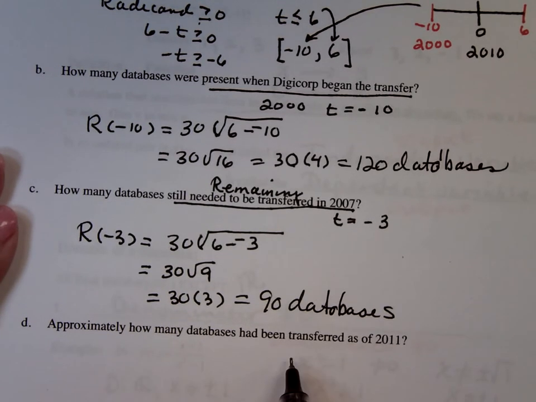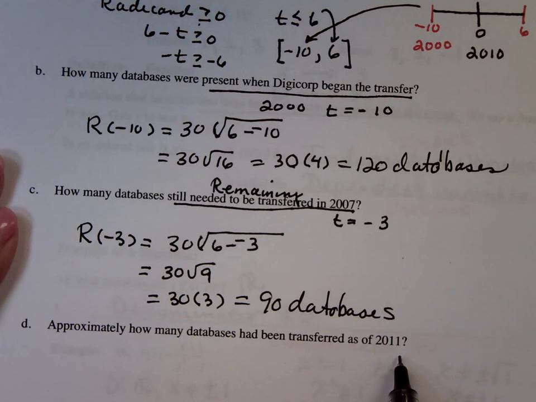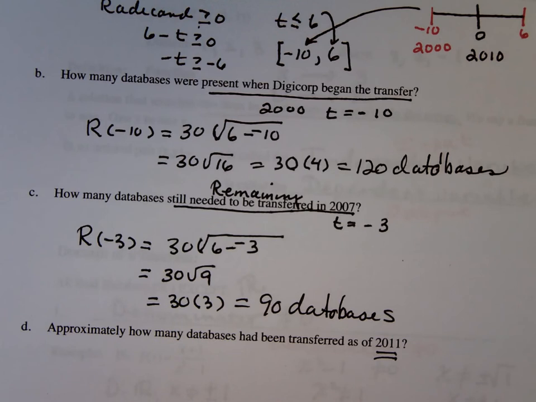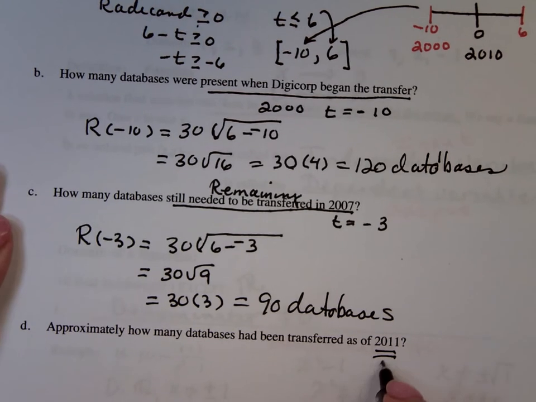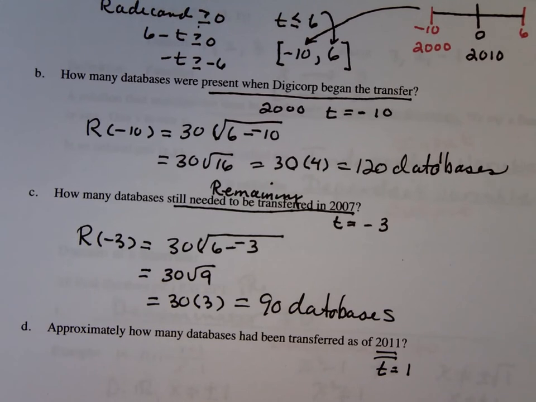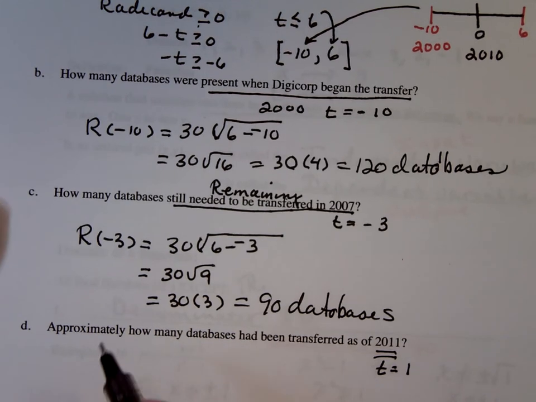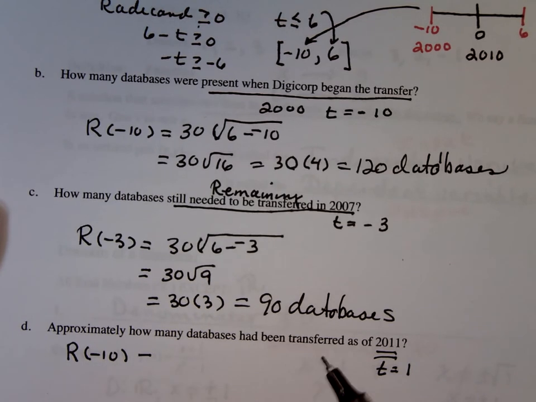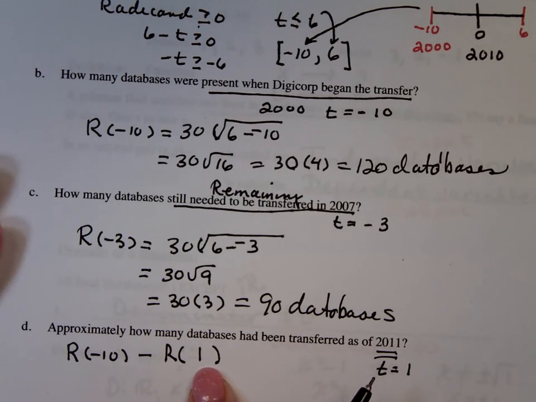Approximately how many databases had been transferred by 2011? Not how many remain to be transferred. 2011 happens to be a t of 1, but how many already had been? What would I do? Your beginning number, which is r of negative 10, and subtract the remaining, right? Beginning, subtract remaining gives me how many I've already done.